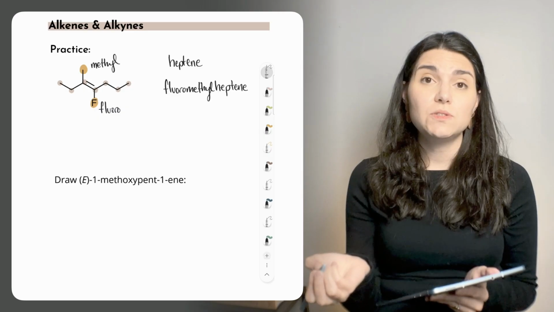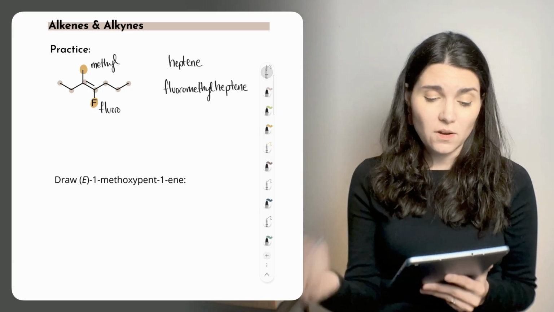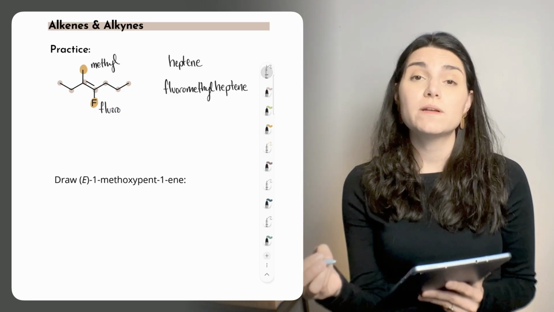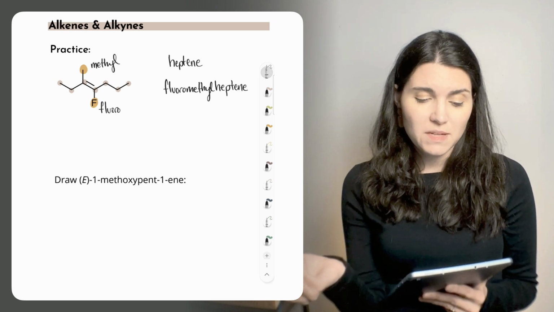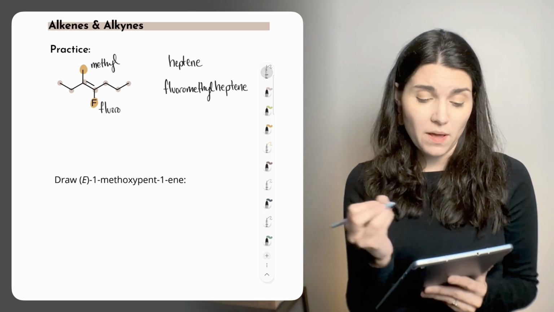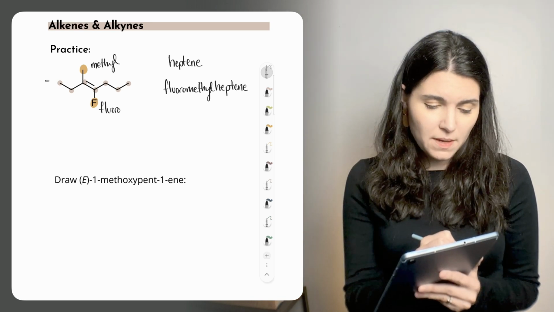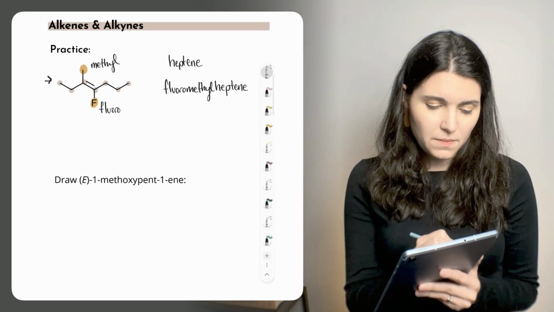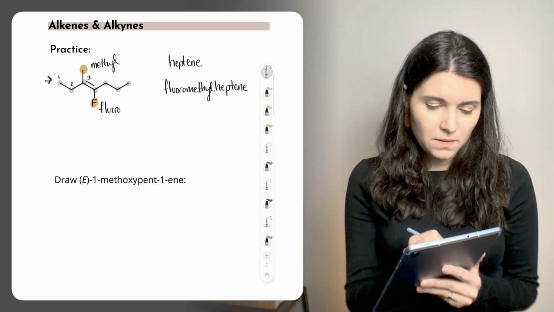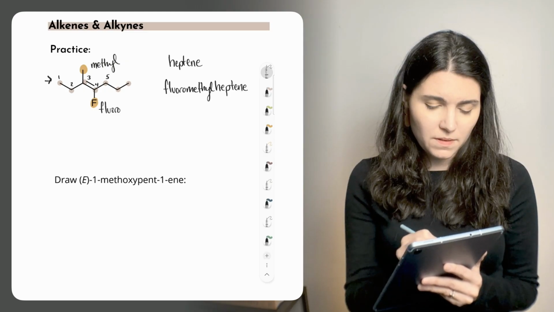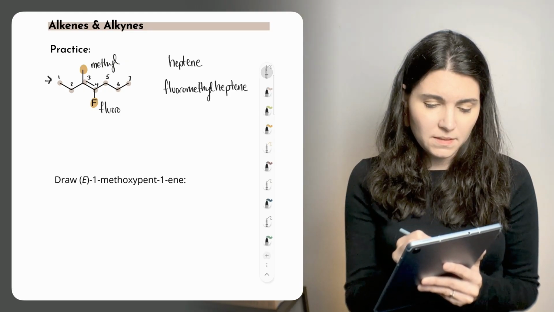And we've got to do our numbering and find our locants. So we're going to be prioritizing the double bond here to make sure the double bond gets the lowest numbering that it can. So if we go this way, we get 1, 2, 3, 4, 5, 6, 7.